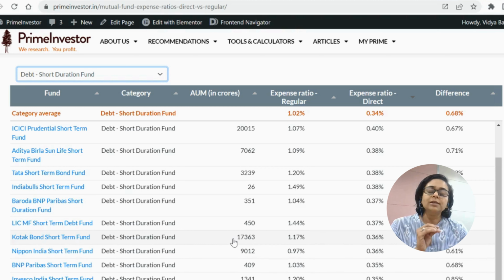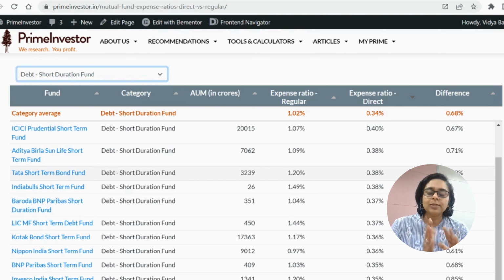Even if a fund is small, you do understand it's a new fund, it's trying to market itself better, so it's paying its distributors a little higher, so you could give some leeway there. Again, if the differential is still below the category average, it's okay. But with large AUM, you do know that it makes no sense for you, especially in debt where every basis point will matter.